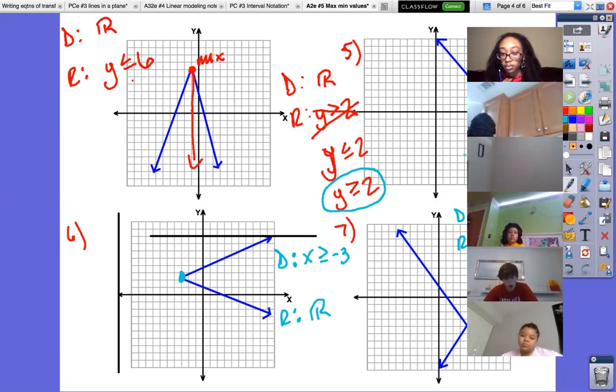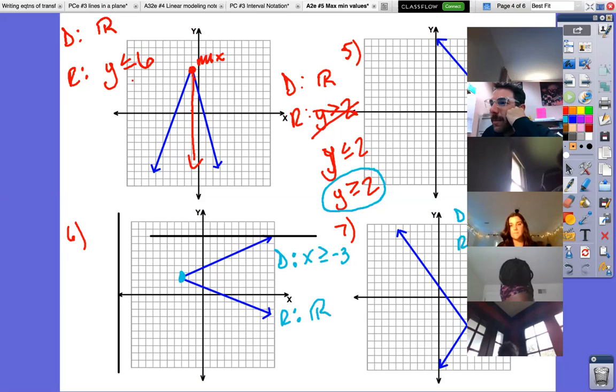And last one, Darius, what do you think the range is going to be? You there, Darius? We'll check back up on Darius in just a second. Ian, what do you think the range is going to be?